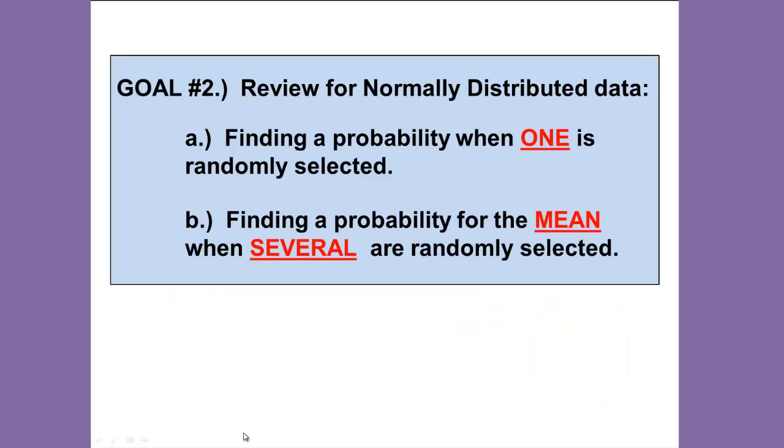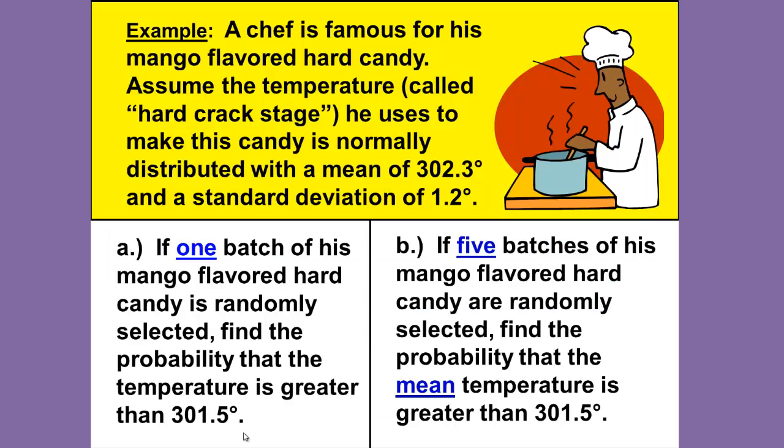That is our review. Now we're ready for goal number 2. Review for normally distributed data, finding the probability when one is randomly selected, and finding a probability for the mean when several are randomly selected.